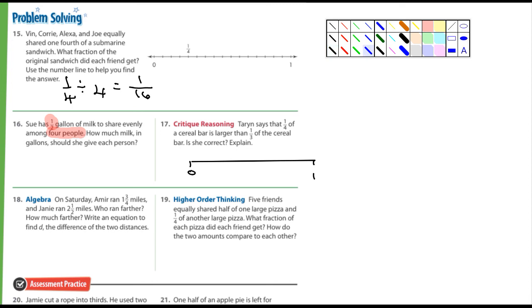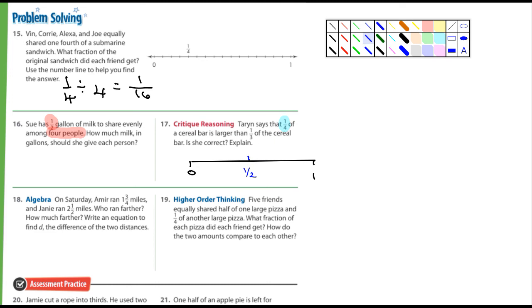And I'll use blue for the cereal bar. Well, I'll use blue for a 1/4. Okay. So where's a 1/2? Okay. So there's going to be 1/2 right there.